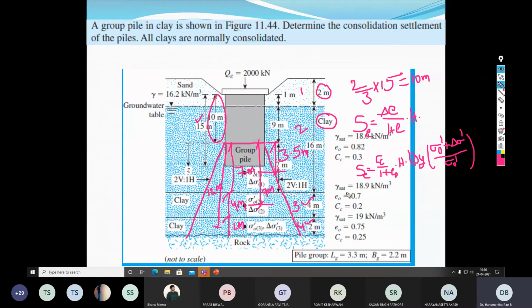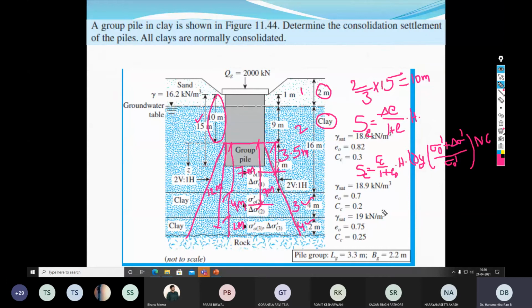For the exam purpose, you must remember this equation, and this is valid for normally consolidated soil only. If you look at over consolidated soil, another parameter comes into the picture, that is preconsolidation pressure. So please look into the equation for over consolidated soil also.